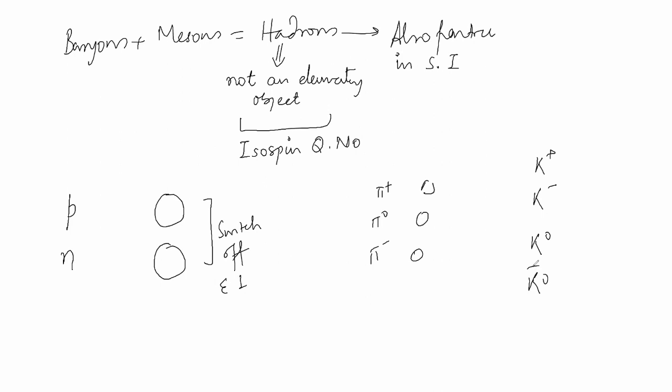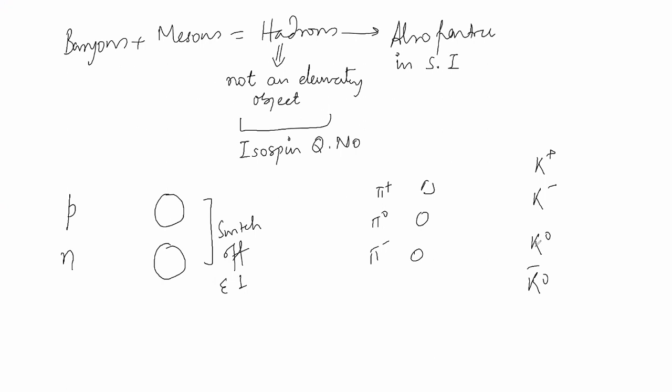When you apply a magnetic field, the proton moves in some direction, while neutrons, being neutral, are unaffected and move in a straight direction.